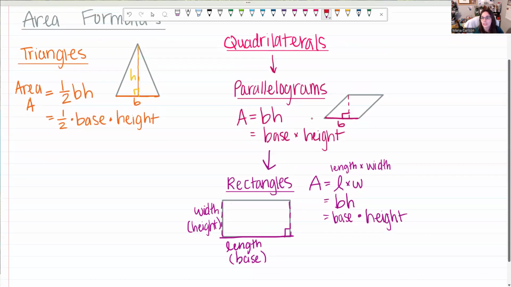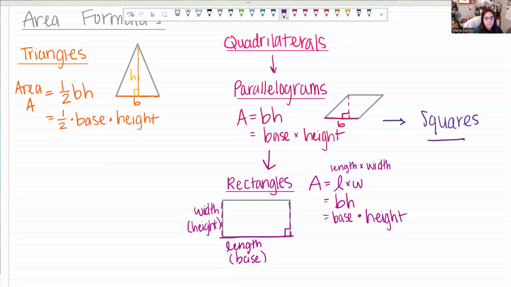Another type of parallelogram that you should know the area formula for is a square. Let me write that over here. Squares. In a square, all four sides are the same. I'm going to write the area formula first. So area is just the side length times the side length, side times side, or side squared, hence the name square.